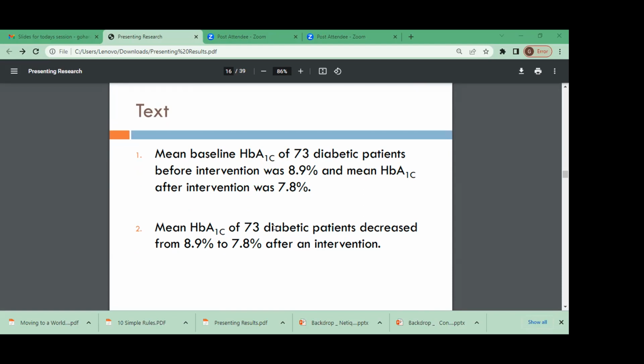You can write the statement without repeating mean HbA1c before and after the treatment. But see the statement given in point 2, which is much more summarized: the mean HbA1c of 73 diabetic patients decreased from 8.9 to 7.8 after an intervention. So you see, that is one way.